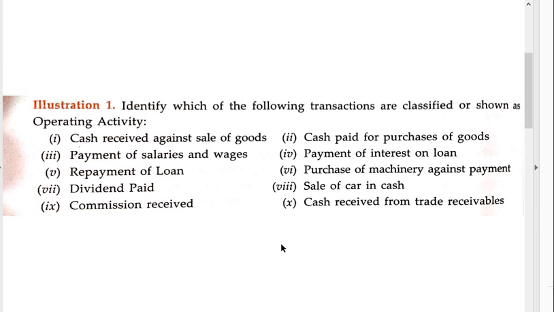You will want some remuneration for the work you are providing. So every month the business house has to pay salary and wages to its workers, otherwise the workers will be dissatisfied and will not work. Clear? So payment of salaries and wages is also a routine activity for the business. They have to pay this every month. So this will also fall in operating activity.